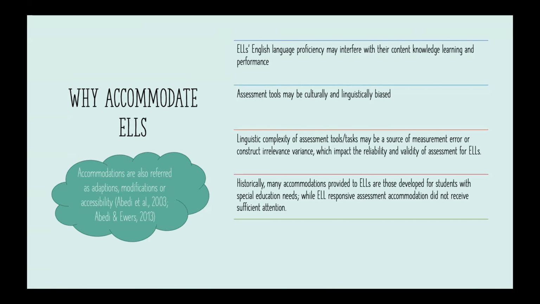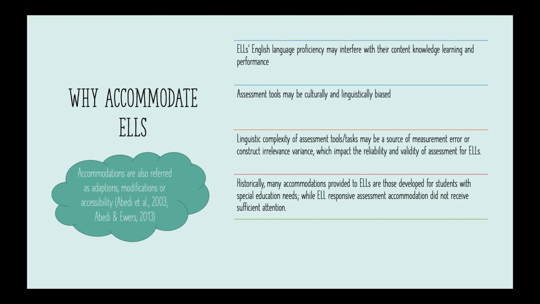We say so because we noticed that traditionally or historically, assessments were developed by teachers or test developers, especially for state assessments, in the context of monolingualism. Which means it's developed in the context of English, while English language learners actually have very diverse language, culture, and home country learning experiences.